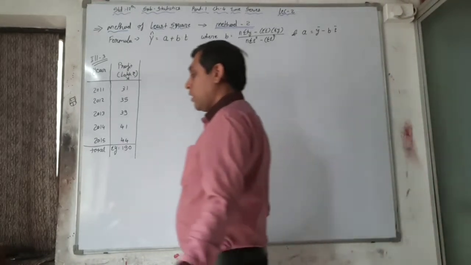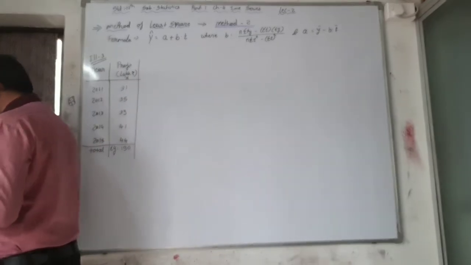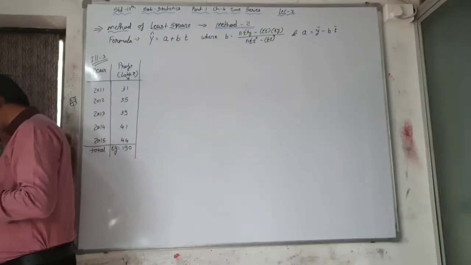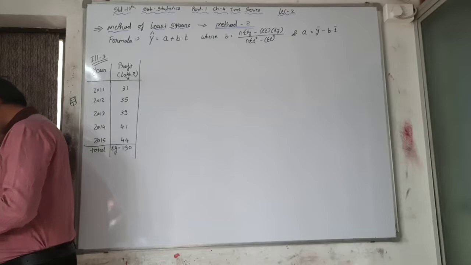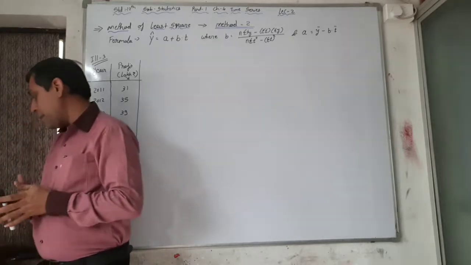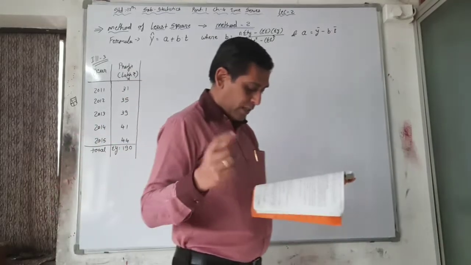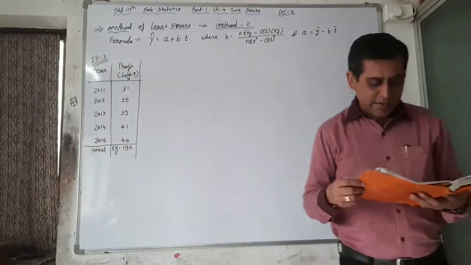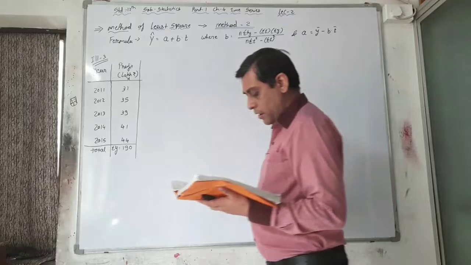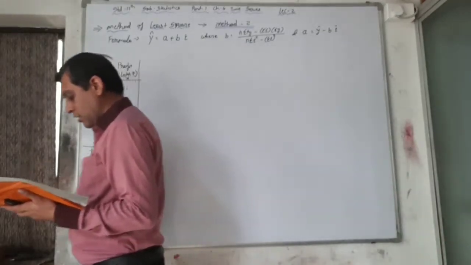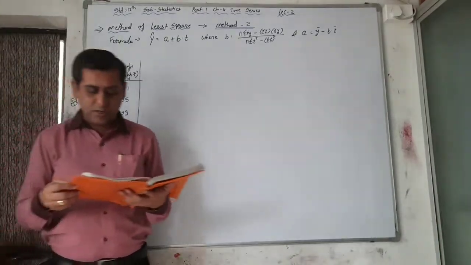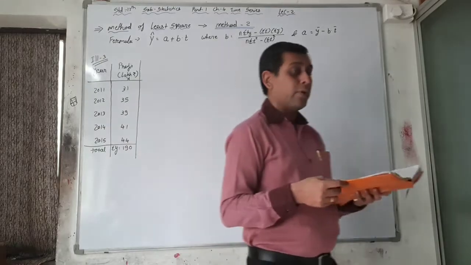Now we will discuss the theory portion again for the method of least squares, that is merits and limitations. See here the merits on page number 165. This is absolutely mathematical, and hence the future estimates do not change subjectively with the person.